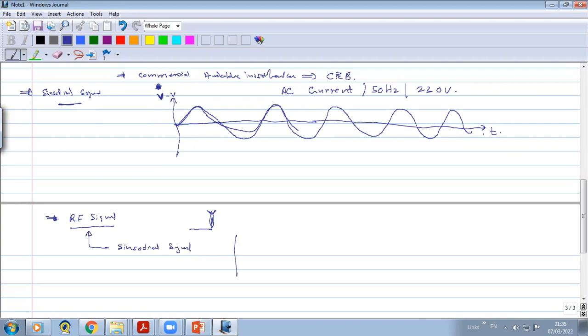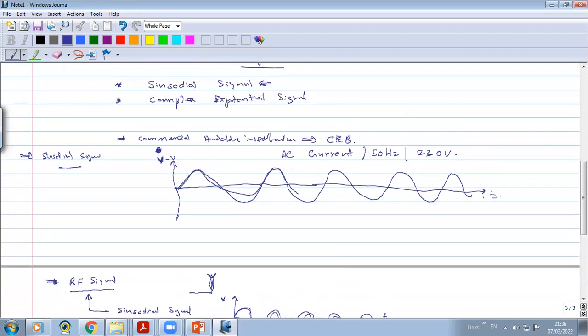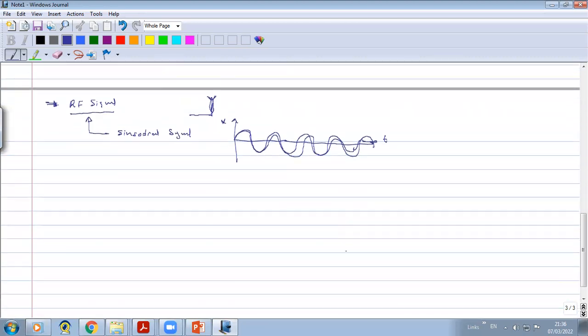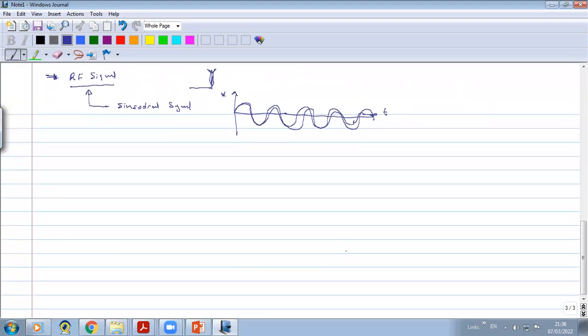It is like this. It may also be voltage with respect to time, changing like this. So this is another example of a sinusoidal signal used in practical systems.